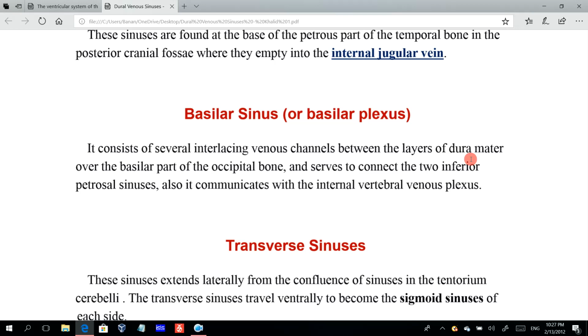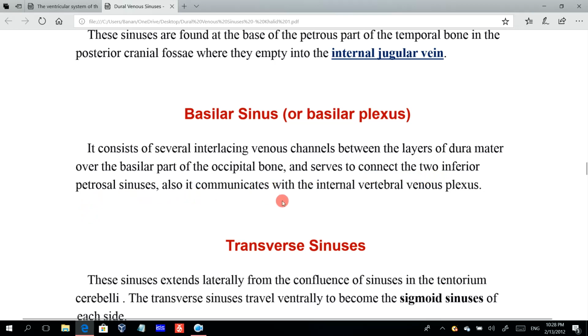So these sinuses here, like in the basilar part of the occipital bone, also the meningeal and periosteal layers of the dura mater separate to form several interlacing venous channels between the layers of the dura mater over the basilar part of the occipital bone, and serve to connect the two inferior petrosal sinuses.